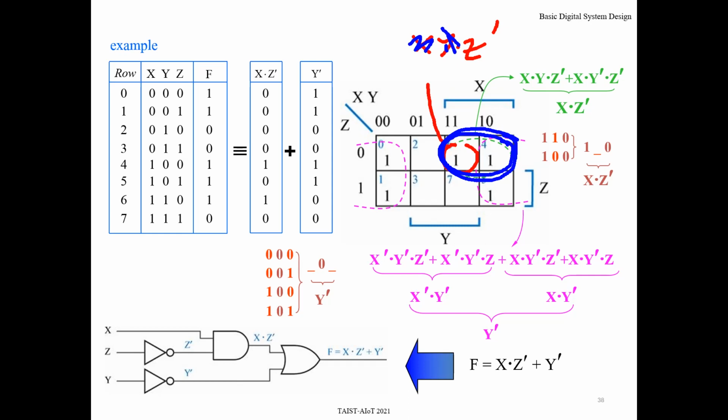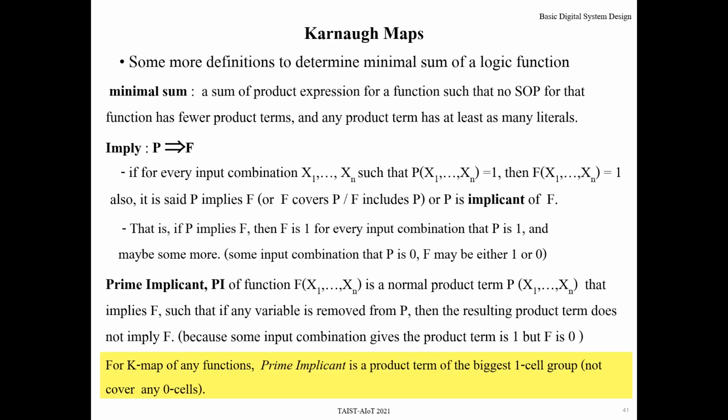So the product term of this biggest group is called a prime implicant. So for the Karnaugh map, K-map, of a function, a prime implicant is the product term of the biggest group of one cells that does not cover any 0 cell.